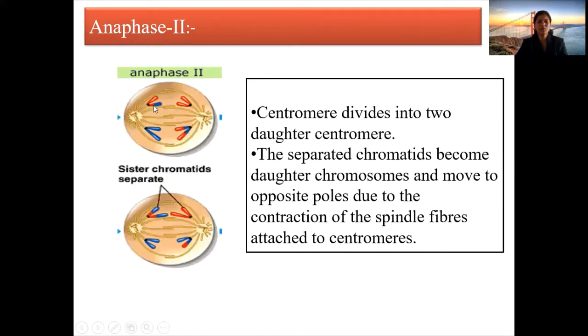Here, centromeres get divided into two daughter centromeres, and in anaphase 2, the separated chromatids become daughter chromosomes and they move towards the opposite poles due to contraction of the spindle fibers. Okay, that means all the chromosomes are pulled away towards the centrioles.